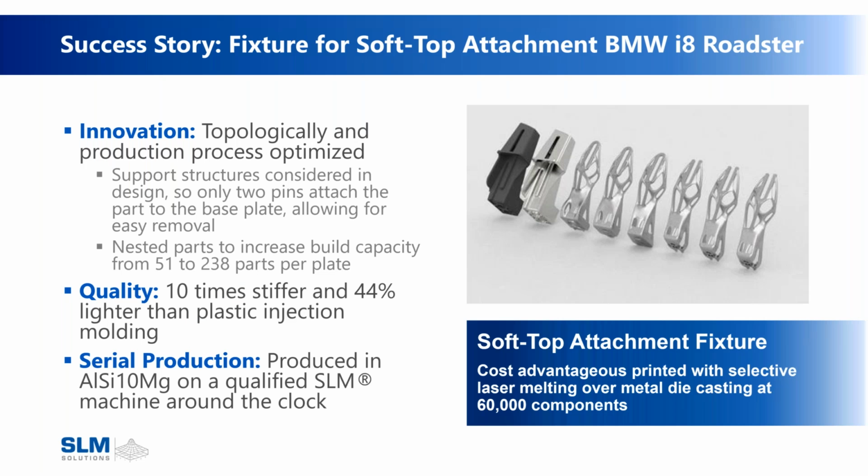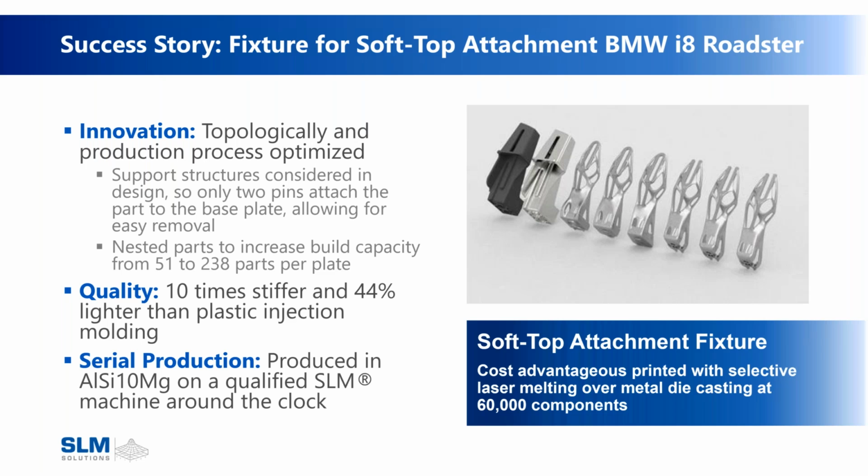Examples. So one of the success stories, the convertible top bracket for the BMW i8 Roadster. You can see here that, from initial design iteration all the way down to the fully finished part, the reduction in mass and size, but also the increase in organic shape, and that's the part we saw break off the plate, the reduced complexity of post-processing this part.